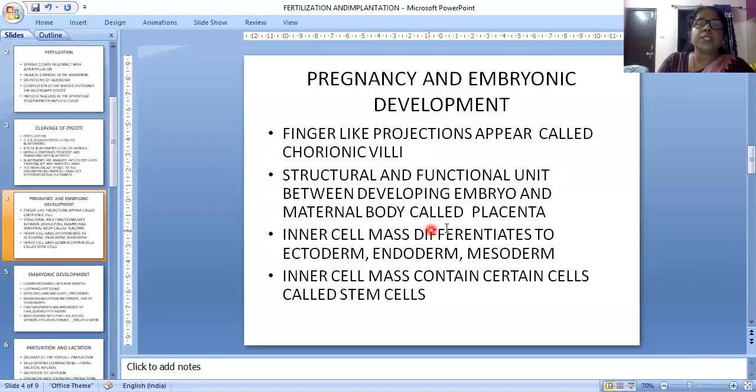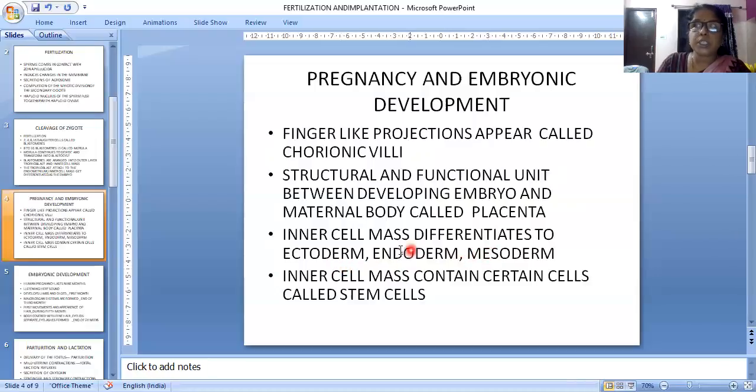The inner cell mass differentiates to form ectoderm, endoderm and mesoderm. The blastocyst consists of an outer layer called the trophoblast, which attaches to the inner wall of the uterus, and the inner cell mass, the cell mass present inside the blastocyst, which differentiates into ectoderm, endoderm and mesoderm.